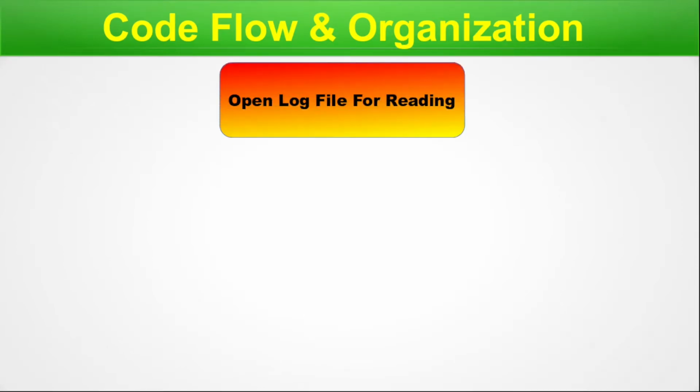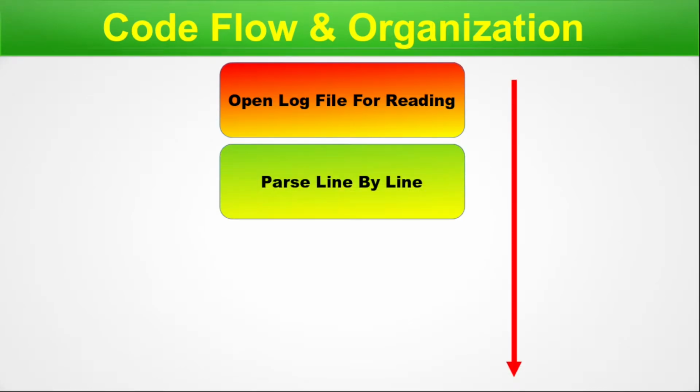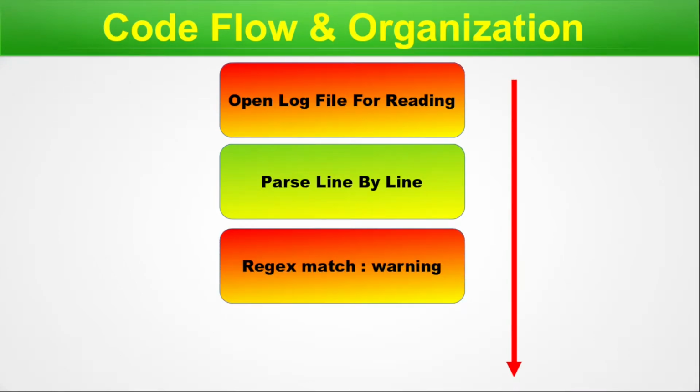Code flow and organization. First, in the code, we will open the log file for reading, and in this direction our flow is going on. Next, we will parse the file line by line. Then, while parsing line by line, we will match the lines with a regular expression with case insensitive touch for the keyword warning.